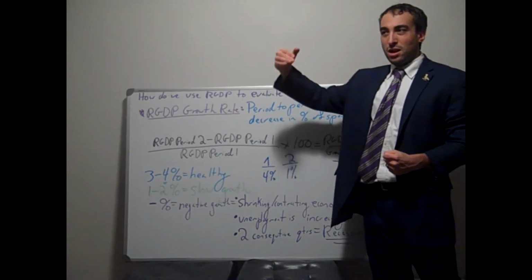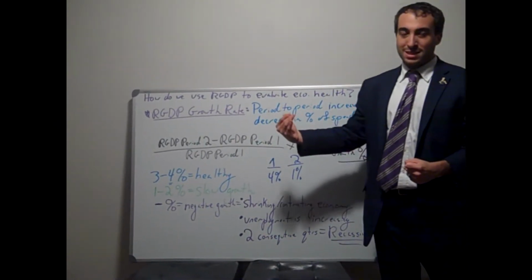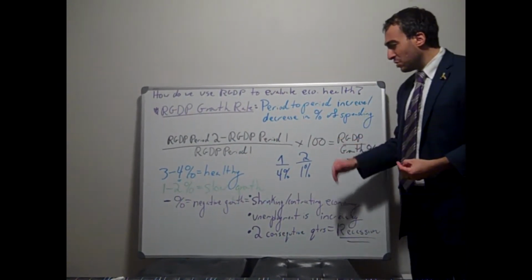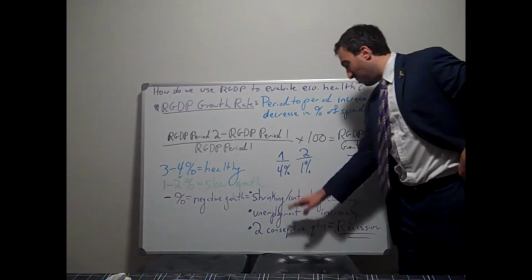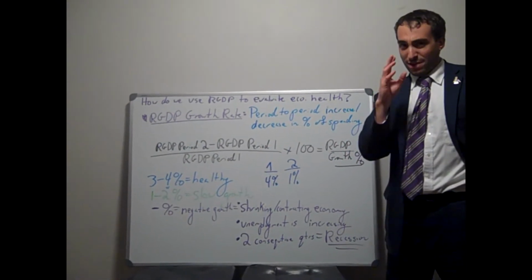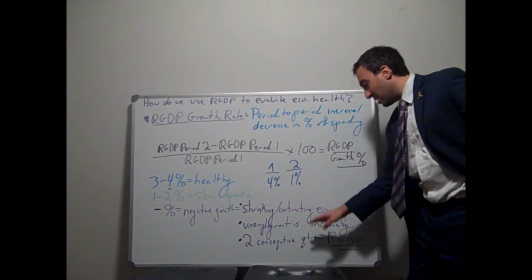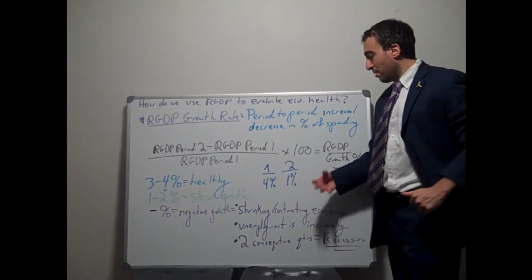That is less revenue for businesses. What happens when businesses have less revenue? Layoffs happen. So we could assume negative economic growth means unemployment is increasing. It's going to create, going back to unemployment, cyclical unemployment. And 2 consecutive quarters of negative growth is the textbook definition of recession.